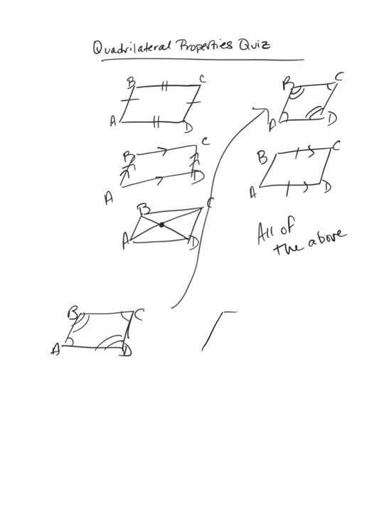When the diagonals are perpendicular, that does do something to the parallelogram, because we're starting off with a parallelogram. So now if the diagonals are perpendicular, that will force it to be a rhombus, not a rectangle.